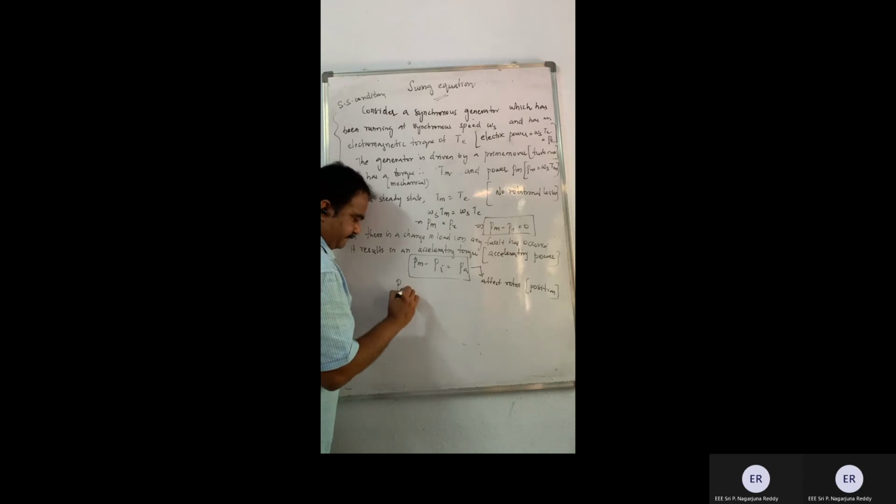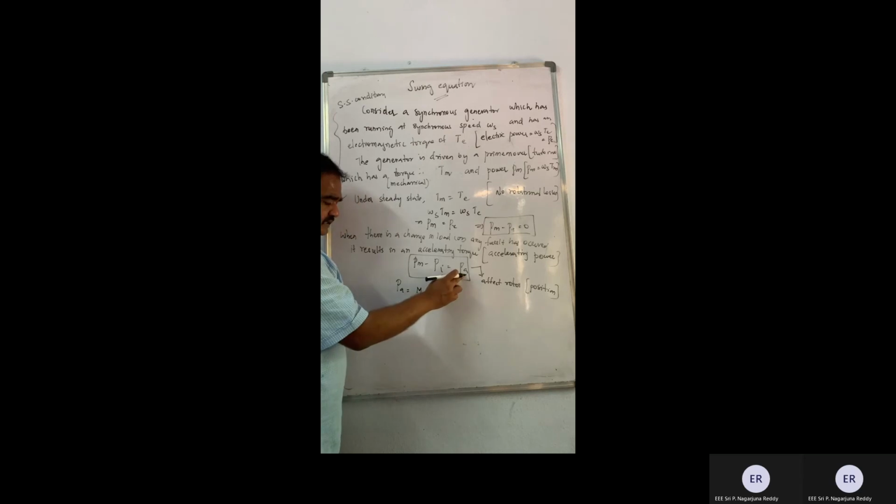Now I am considering that this accelerating part results in two things. Pa is equal to M into d square theta E by dt square. Normally this is accelerating power, right?